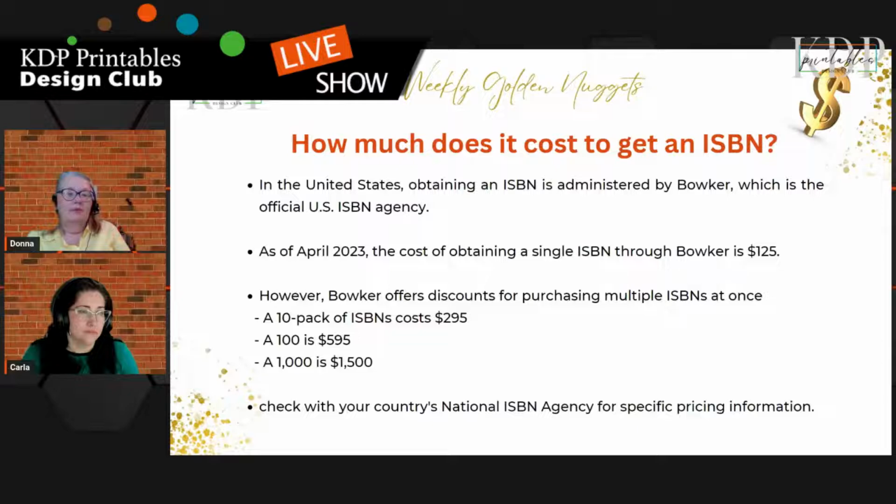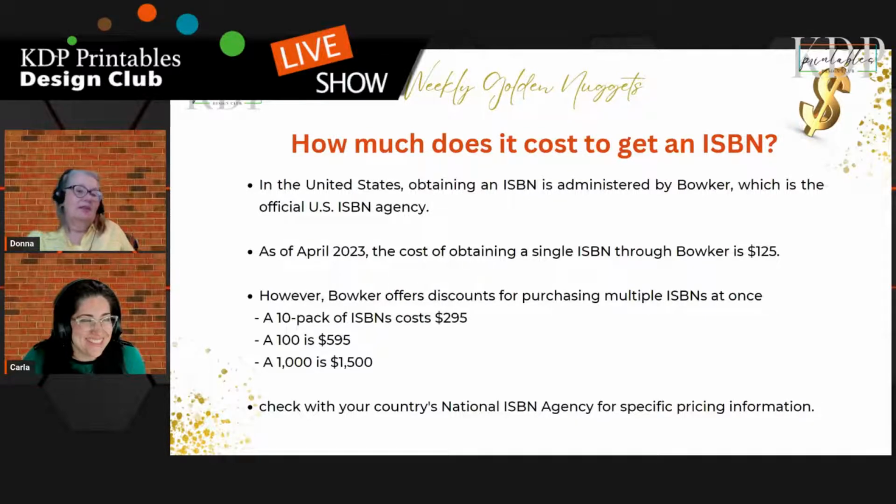So I always tell people to do the 10 pack or the 100 pack when you get ready to do it. But if you know you're producing a lot and you have a game plan, go for the 100. It's much better for the money spent. I mean, go for 1,500 if you're going to be doing a ton of them.